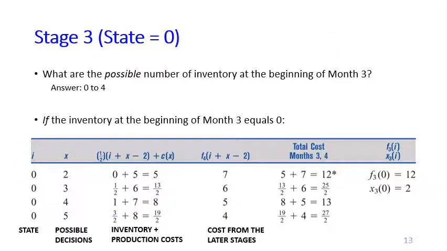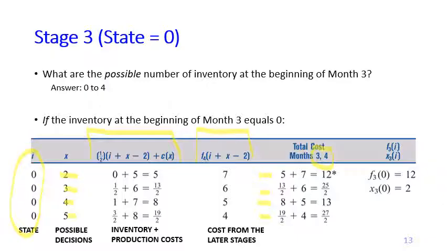So now that we have the cost for this stage, month 3, and the cost for the later stages, month 4 and so on, we may compute the total cost for months 3 and 4 corresponding to the state 0. So here are the costs, and then because these are all the possible decisions, the costs from producing 2, 3, 4, and 5, we pick the one that is smallest.